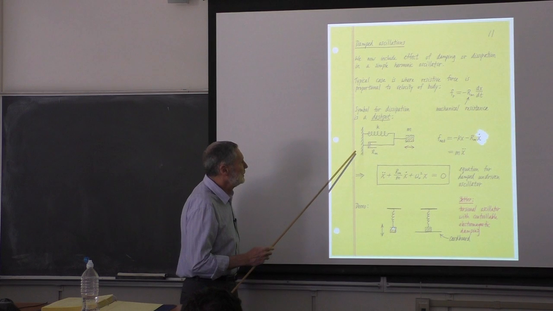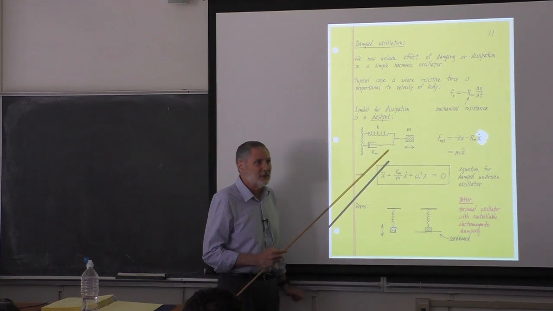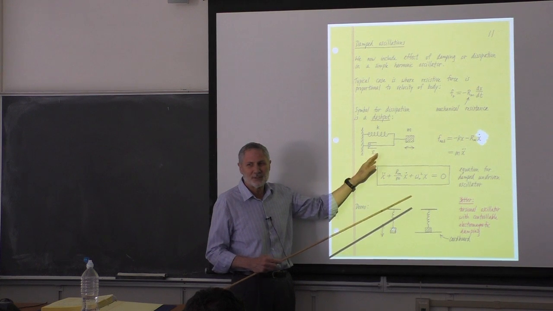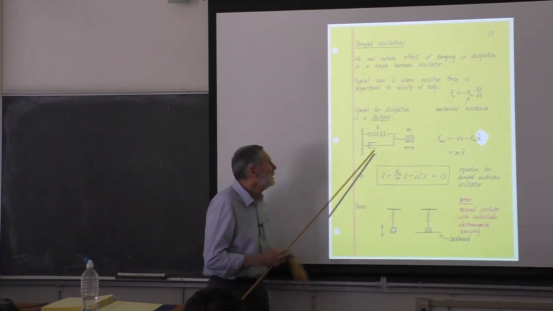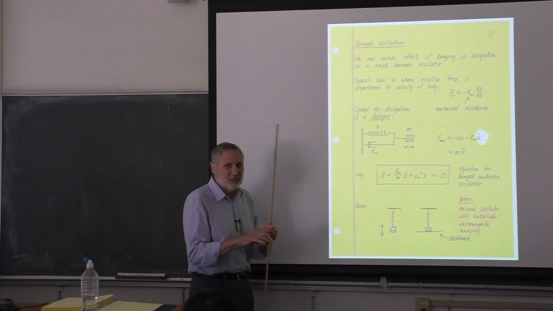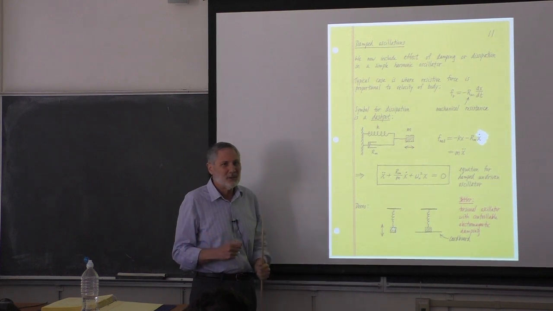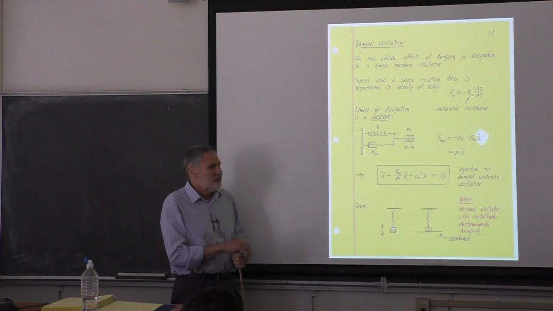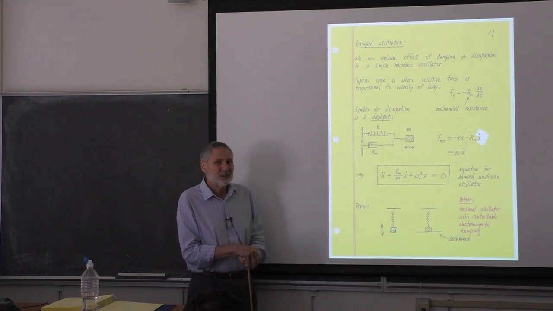So here we draw a circuit diagram. Everyone's familiar with electrical circuit diagrams, right? This is a mechanical circuit diagram. And the two are not independent of each other. And one of the things we're going to do in this course is get in your heads the idea of an equivalent electrical circuit.